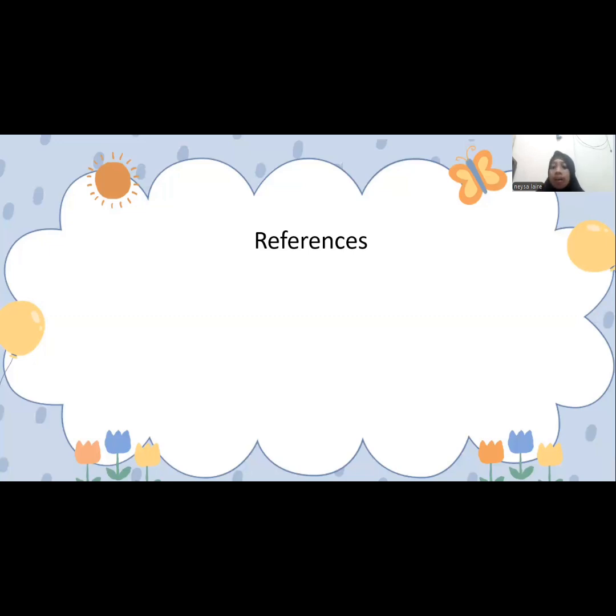Greenbaum, S. 2009, Oxford English Grammar. Downing, A. and Locke, P. 2006, English Grammar: A University Course. Yule, G. 2016, Oxford Practice Grammar.